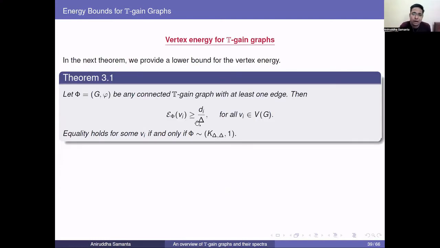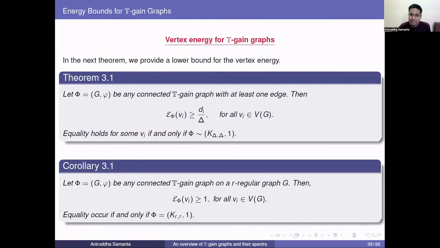The first bound: assuming the graph is connected with at least one edge, the energy of the vertex Vi is greater than or equal to the degree of Vi divided by the largest vertex degree. Equality occurs if and only if the T-gain graph phi is switching equivalent to a complete balanced bipartite graph with the same partition size delta.